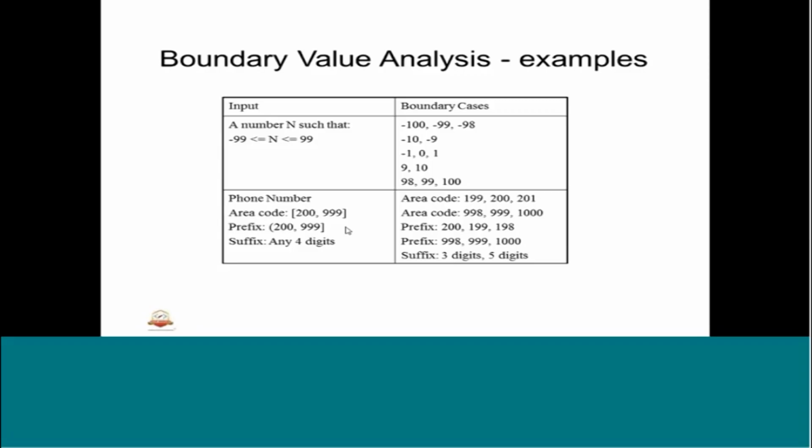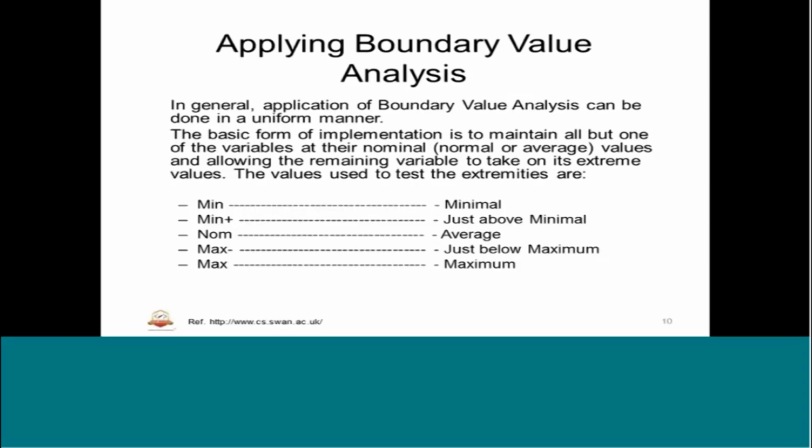Okay, so we have gone through the example. In general, application of boundary value analysis can be done in uniform manner. That means uniformly we can select based on the input what the requirement is.